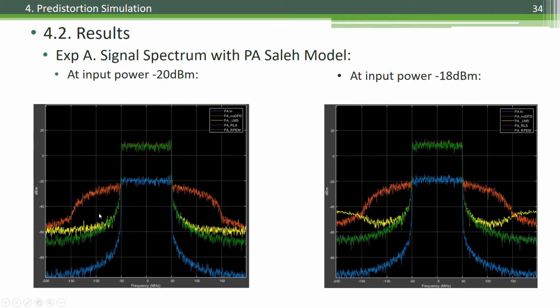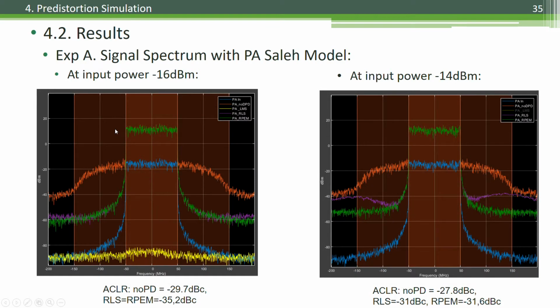And three algorithms do improve the ACLR of the output signal, but the recursive least square and recursive prediction error methods are better than the least mean square. And when the input power is minus 18 dBm, the least mean square becomes worse, but the recursive least square and recursive prediction error still work well.